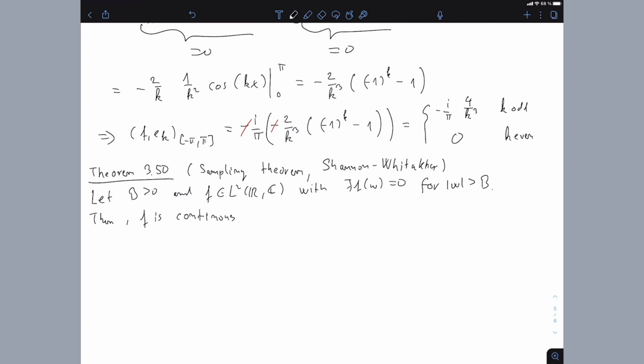So even though we start in L2, this boundedness of the frequencies actually gives us continuity. Of course, since we're in L2, being continuous means it has a continuous representative.